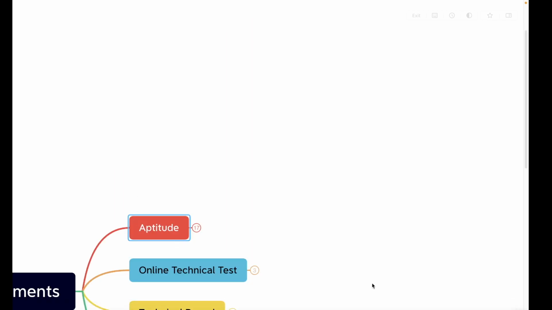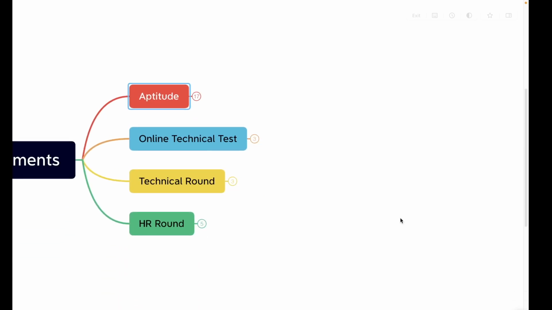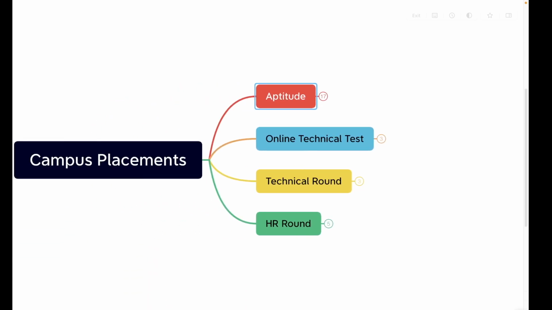Now if we go ahead, for the campus placement roadmap, the very first thing is to clear the aptitude test, and if you are able to clear that, then only you are eligible for the next round. The next round in the majority of companies will be an online technical test.